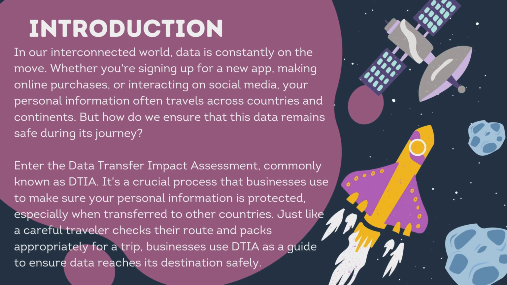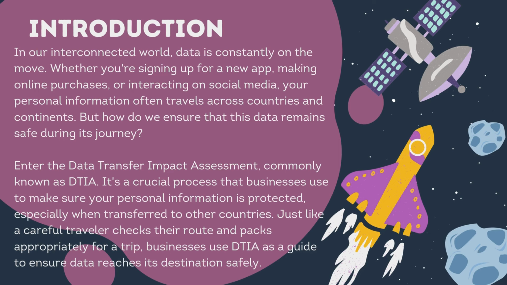Next, introduction. In our interconnected world, data is constantly on the move, right? Whether you are signing up for a new app or making online purchases or interacting on social media, your personal information often travels across countries and continents. But how do we ensure that this data remains safe during its journey?